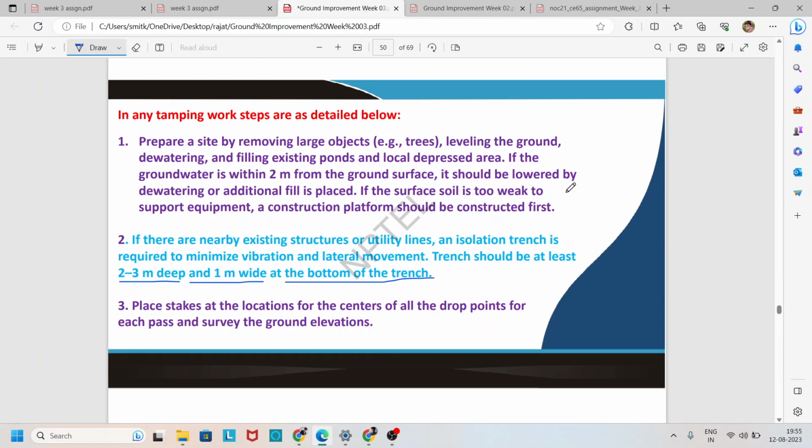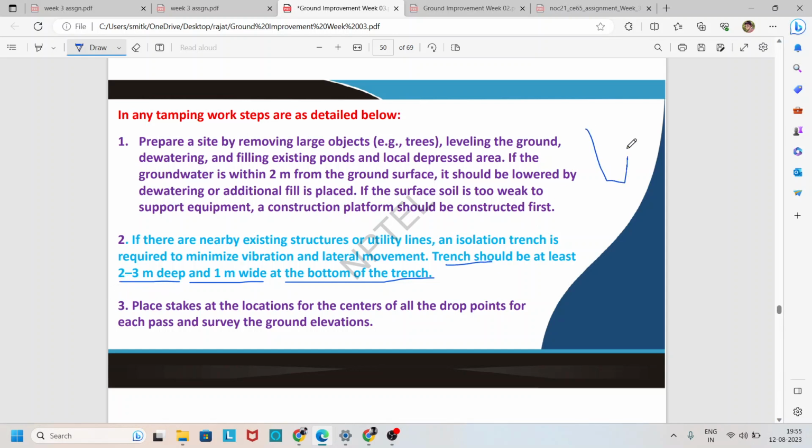That means if the deep dynamic compaction point is near any structure or utility lines, we dig out a trench, 2 to 3 meters deep.